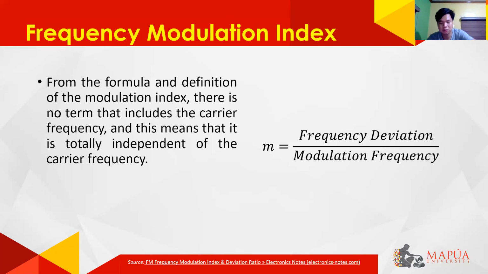So our formula for the frequency modulation index is the frequency deviation over the modulation frequency. I said that the carrier frequency is not included because in amplitude modulation, it plays a big part in the modulation index of the amplitude modulation.